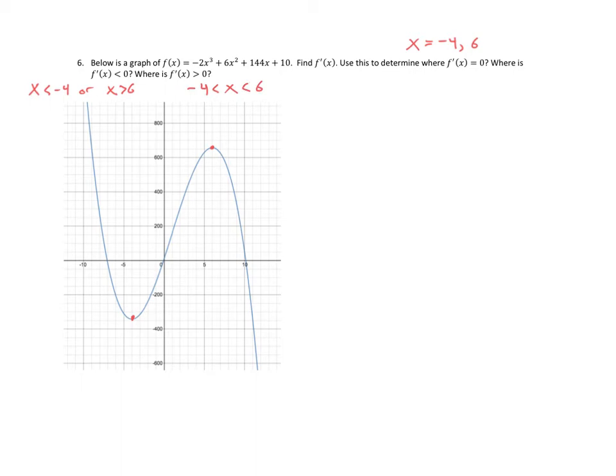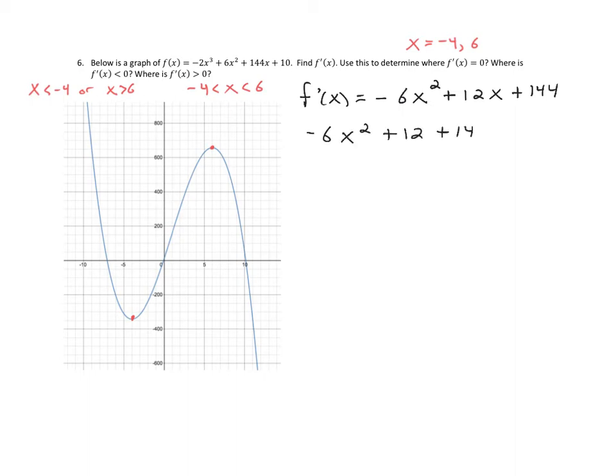Just guesses up to this point. I'm going to try to verify this by taking the derivative and setting it equal to 0. Okay, so the derivative of this function is, we get -6x squared plus 12x plus 144. Where is this thing equal to 0? Okay, we can solve that.